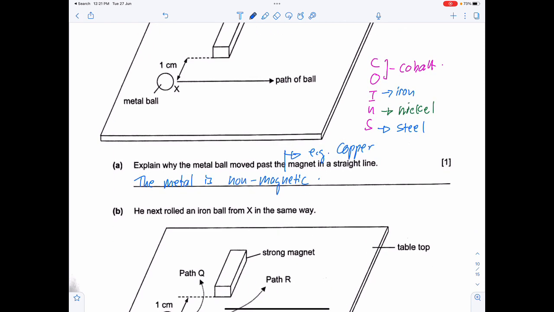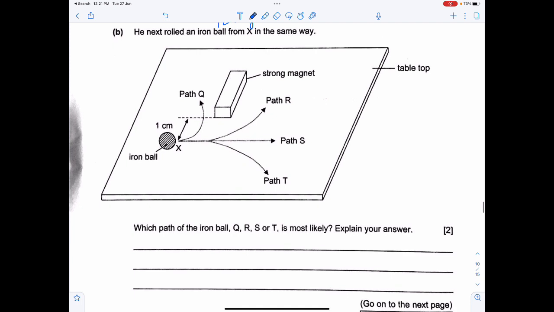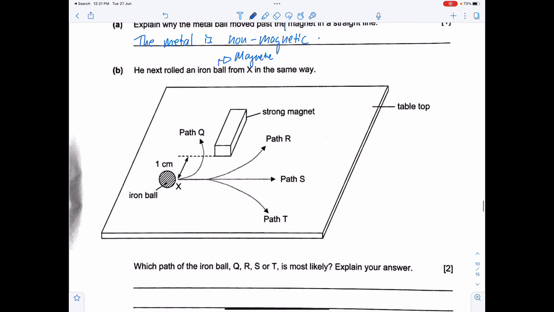Next question. He then rolled an iron ball. So iron ball is magnetic, right? In the same direction. Which path will it take? Q, R, S, or T? Can it be Q? If you take a look at it, it cannot be Q. Because when it comes to here, it suddenly went this way, continuing the trajectory.